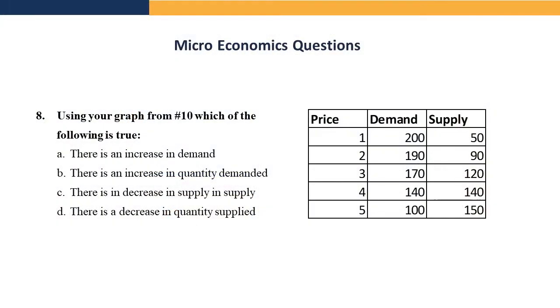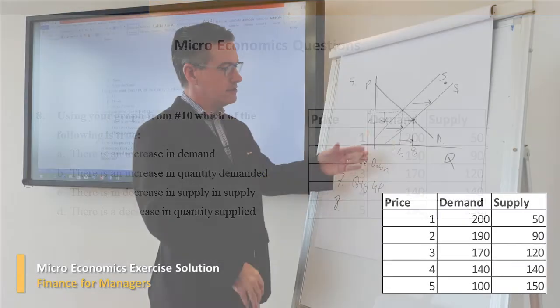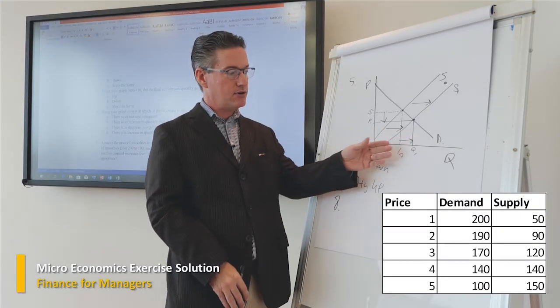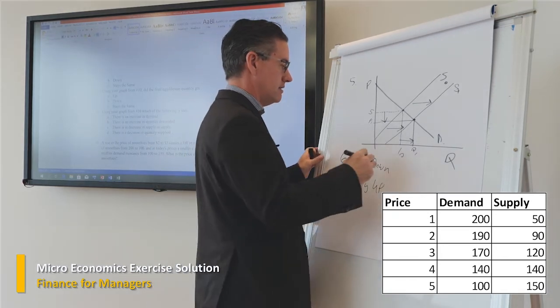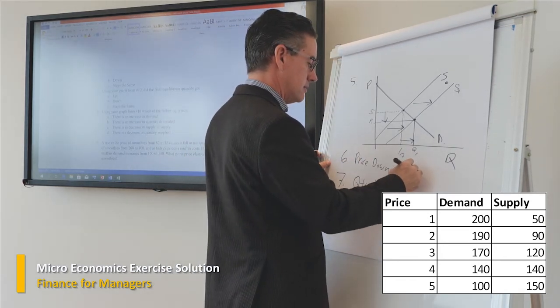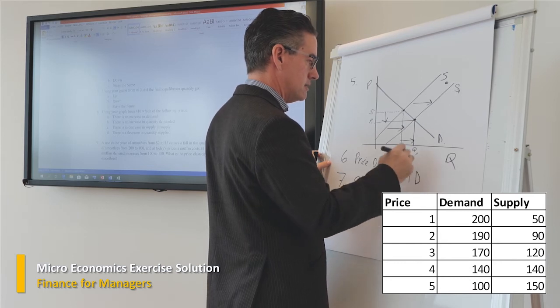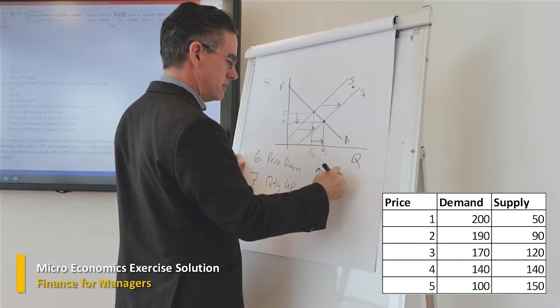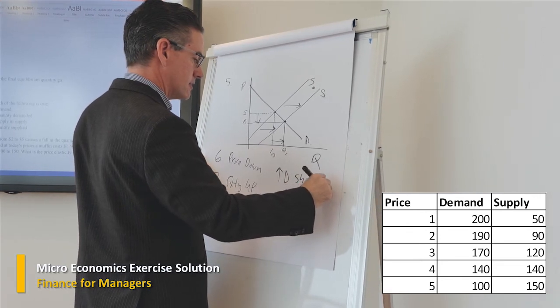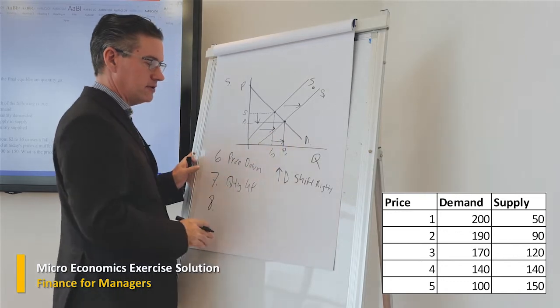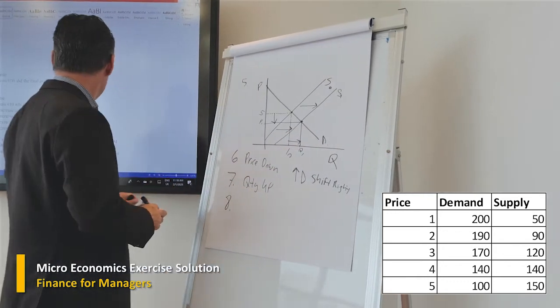And question number 8 is asking us, was there an increase in demand? No, there's not. There's an increase in quantity demanded. That's a subtle difference, but if we say increase in demand, that means the demand curve is going to shift to the right. Our demand curve did not shift, so there's no increase in demand.